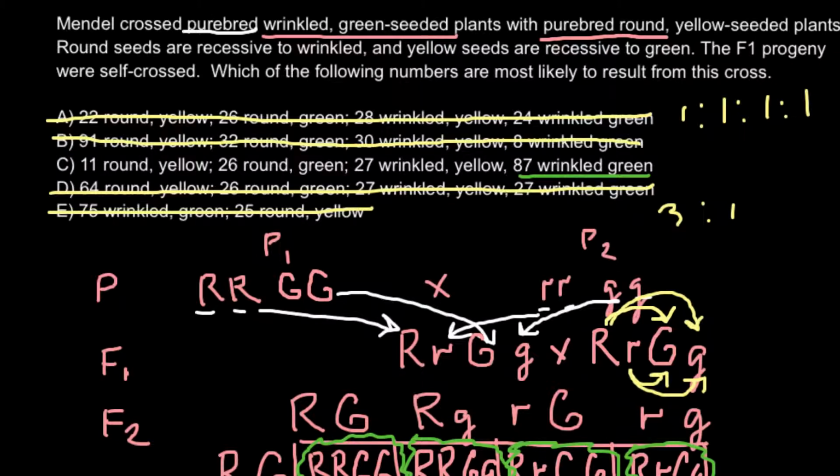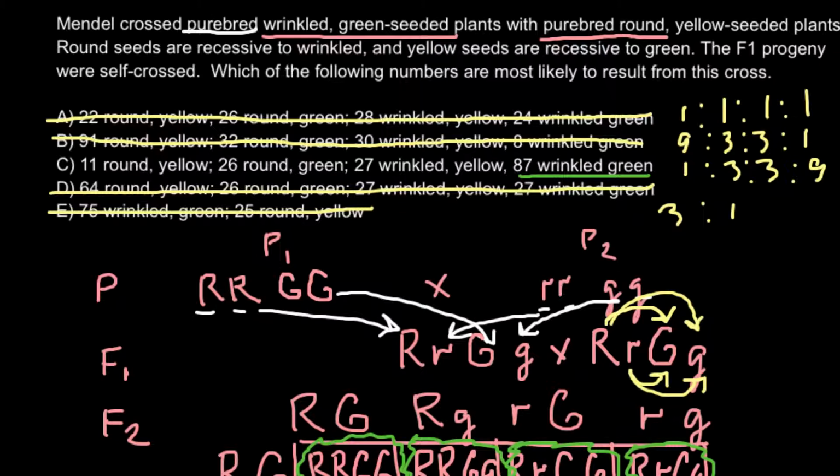From the first glance it looked like the most probable answer, because the ratio here was 9 to 3 to 3 to 1. But in answer C, we have a different order. We have 1 to 3 to 3 to 9.